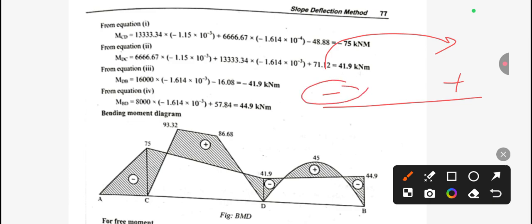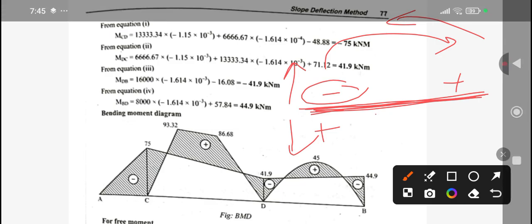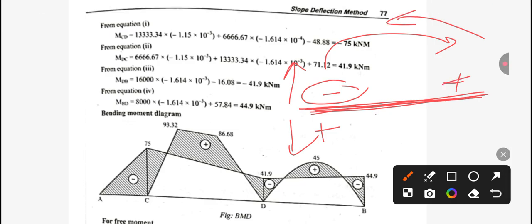And if we are looking from left to right and the value is positive, then it will be below the level of the beam. Positive value goes down, negative value goes up. Similarly, if we look from right to left, then the positive value will be upward, above the beam, and if we have a negative value, then we take it below the beam.